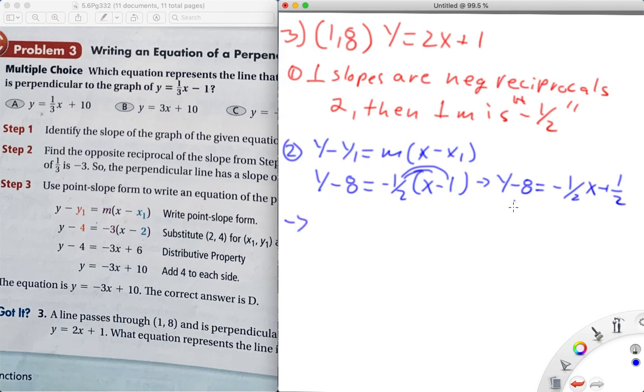I'm going to multiply 8 top and bottom by 2. So y minus 16 over 2 equals negative 1/2 x plus 1/2. The reason why I turned it into a fraction is so I can add the fractions. I'm going to add 16 halves to both sides.